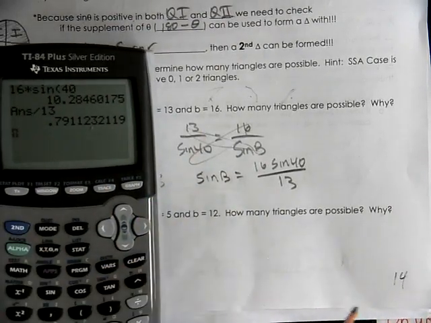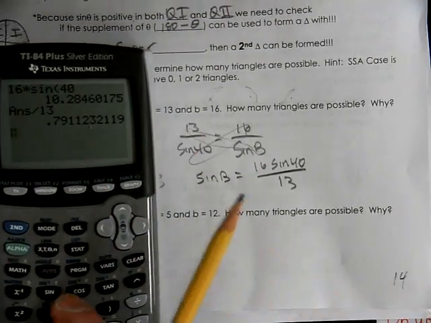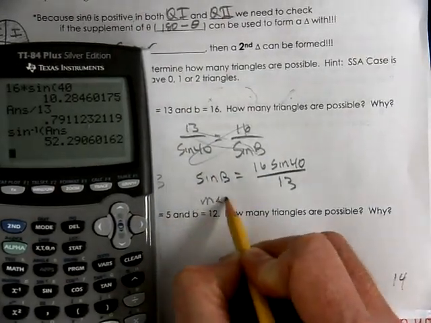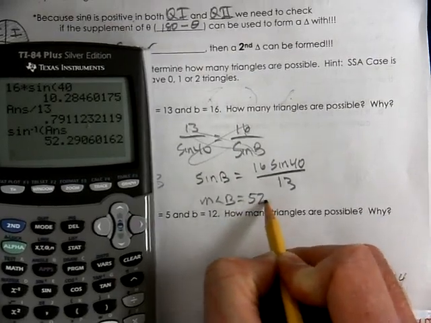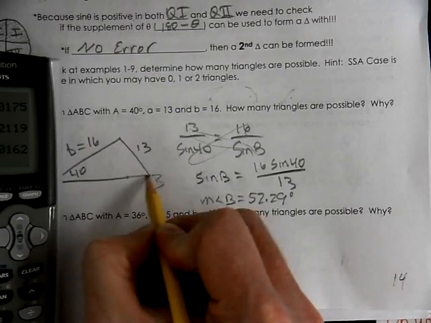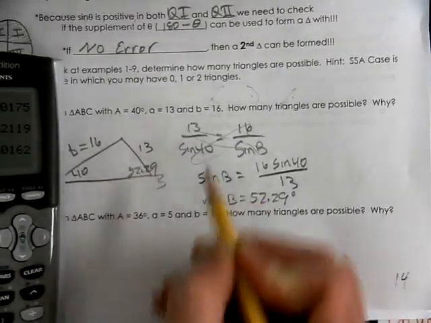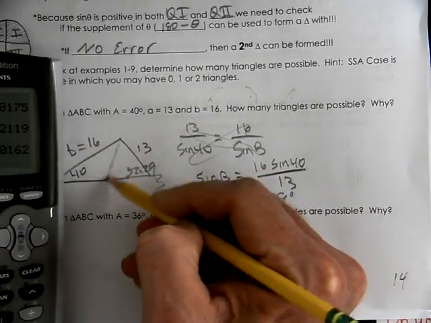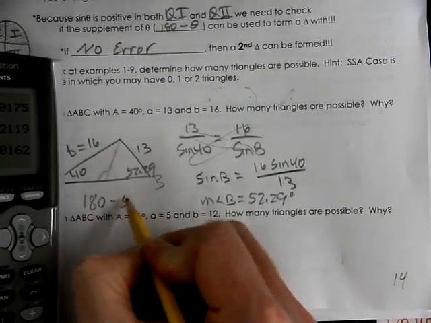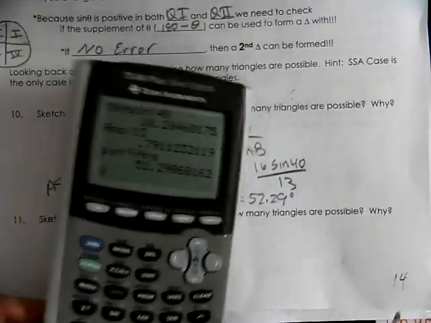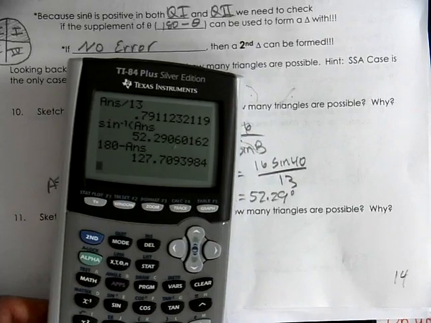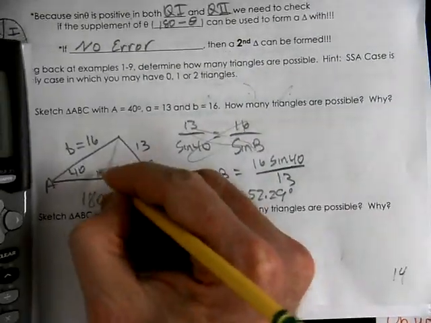I can figure out what that angle is by doing sine inverse of my value. So the measurement of angle B is going to be 52.29. So that's what this angle here would be, 52.29. If I swung it inside and looked at my supplement, 180 minus 52.29, and I get 127.